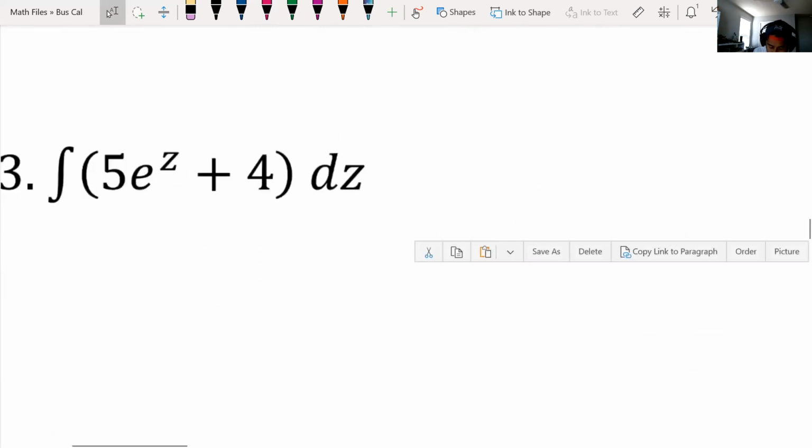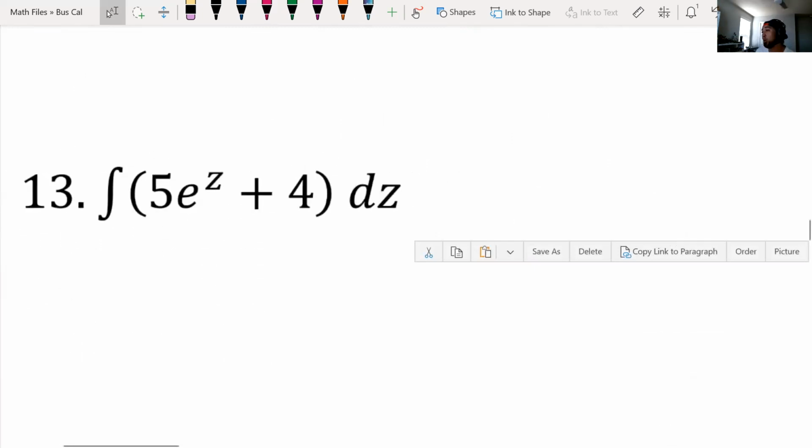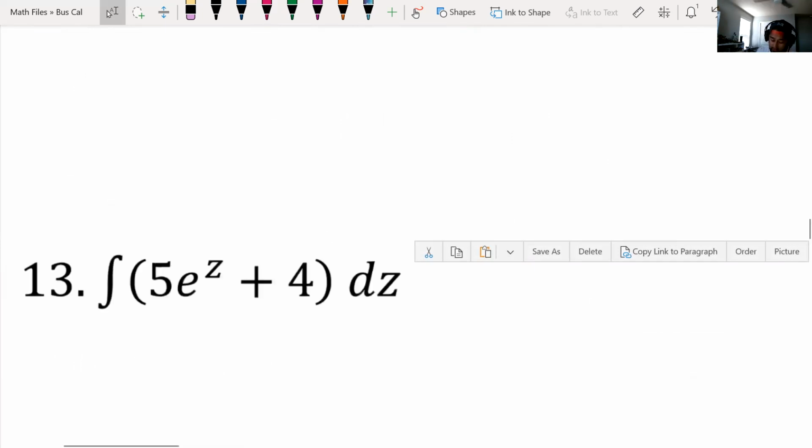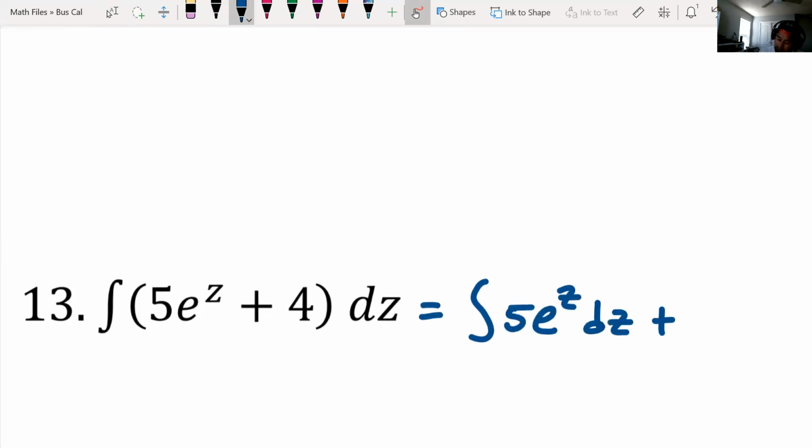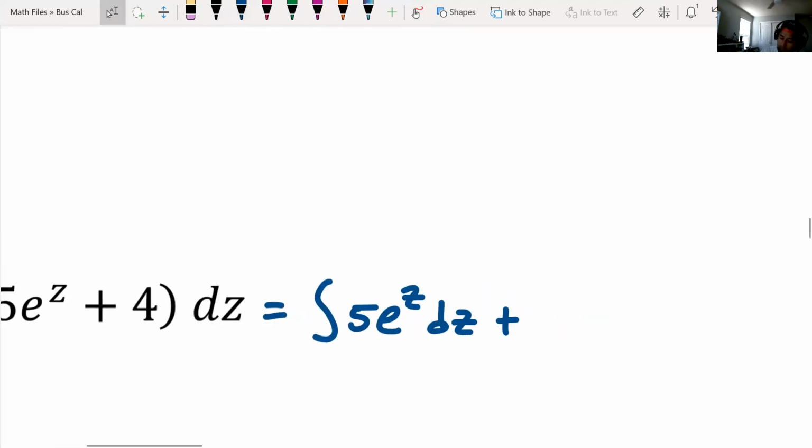Okay, 13. Integral of 5e to the z plus 4 dz. So don't have to rewrite anything algebraically this time, but I can split this into two integrals. I can make this the integral of 5e to the z dz plus the integral of 4 dz.